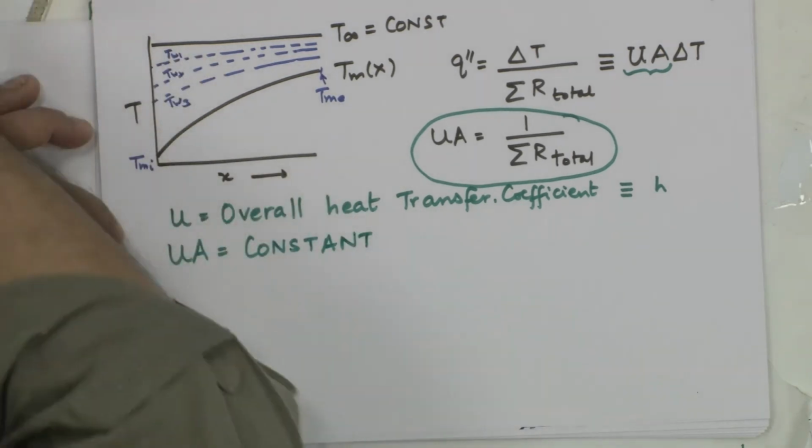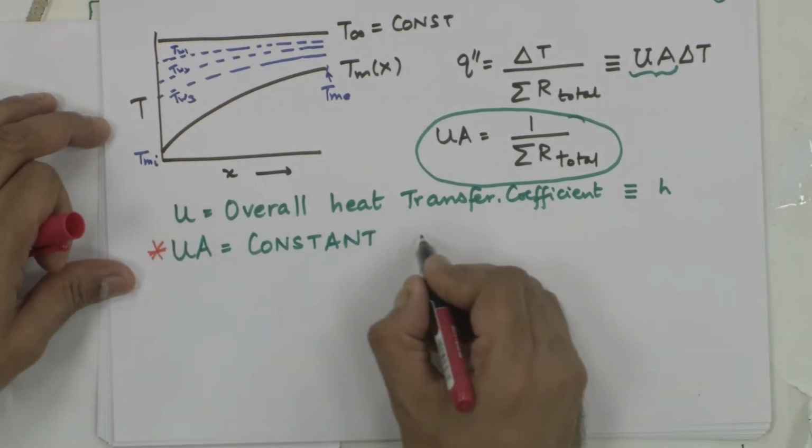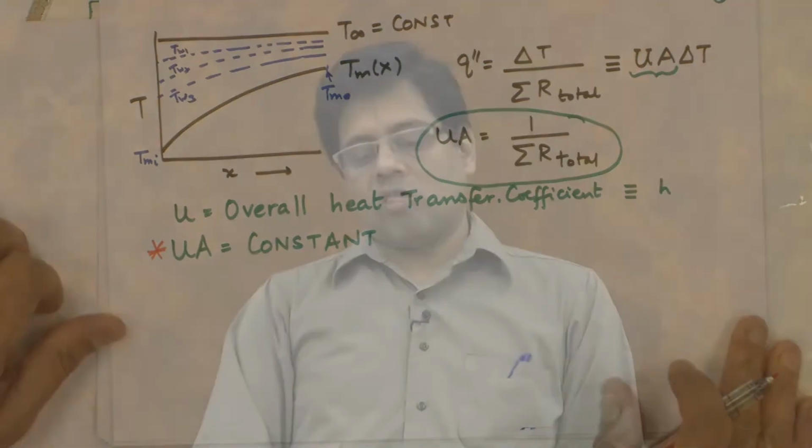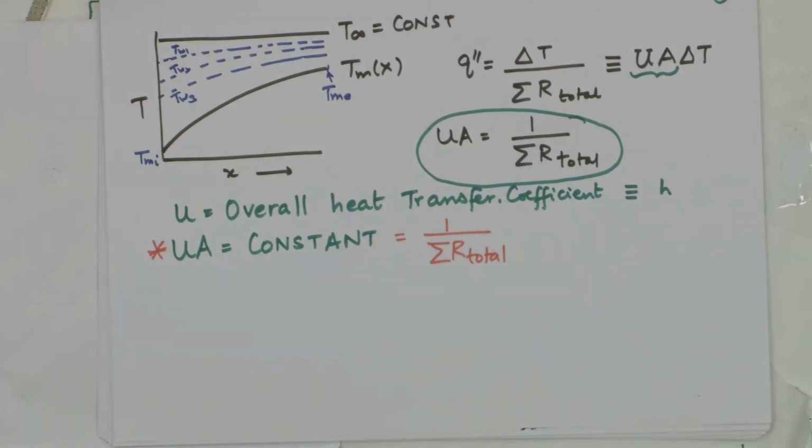So, very important observation, very important deduction. U times A is always a constant because it is nothing but the reciprocal of the total resistances. Given geometry, given thermophysical properties, the resistances would be constant.